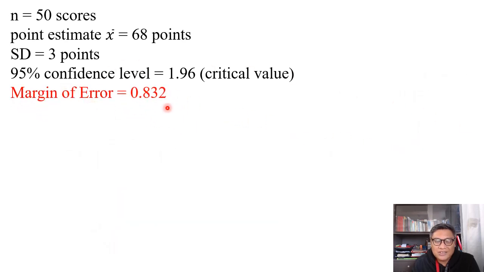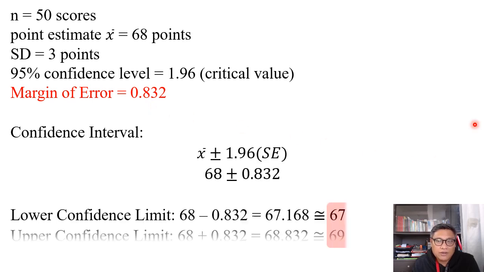With the margin of error of 0.832, we can now create the confidence interval. The confidence interval, class, again, is your point estimate, which is the sample mean, plus and minus your margin of error. You don't have to resolve this again because it is already solved, equivalent to 0.832.